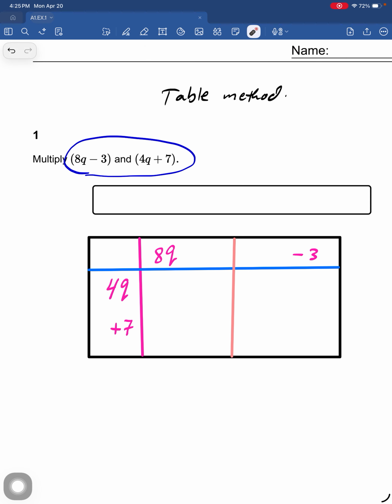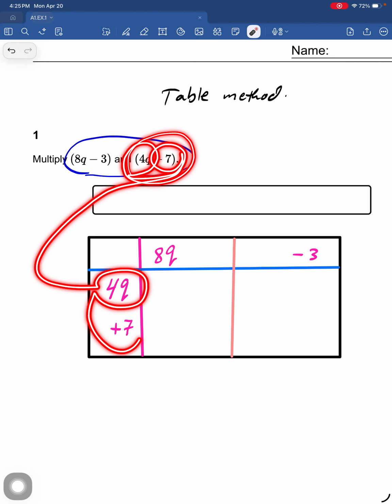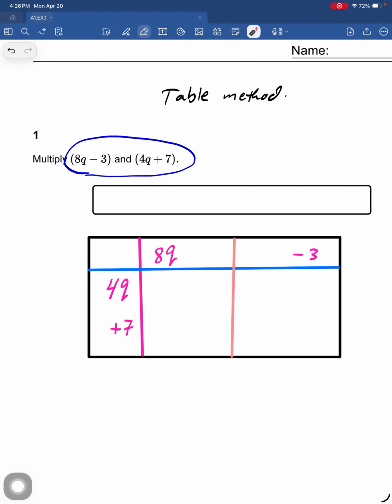For the second polynomial, we have the 4q, so we will start with the 4q and then plus 7, and we need to split between these two as follows.